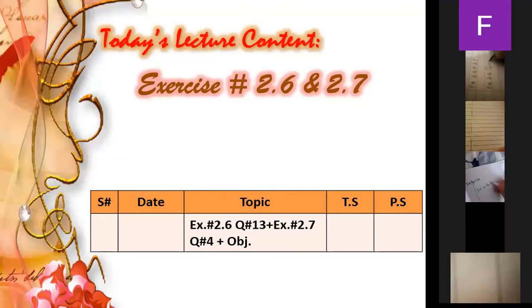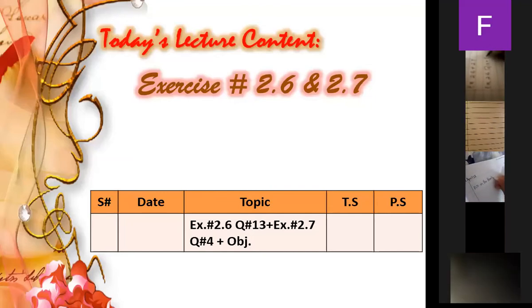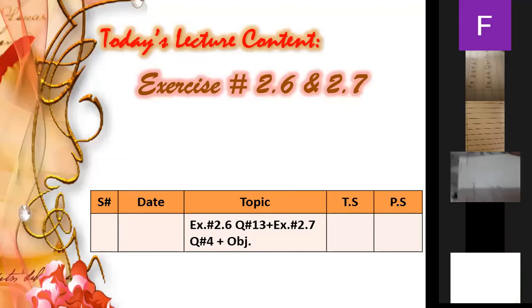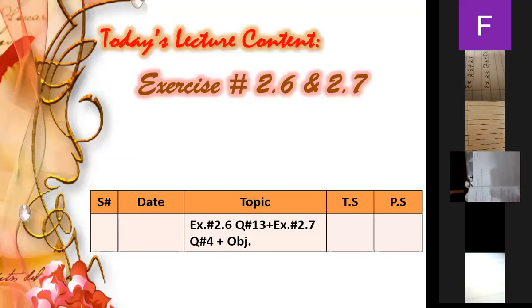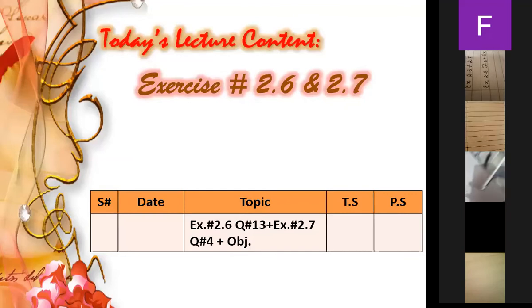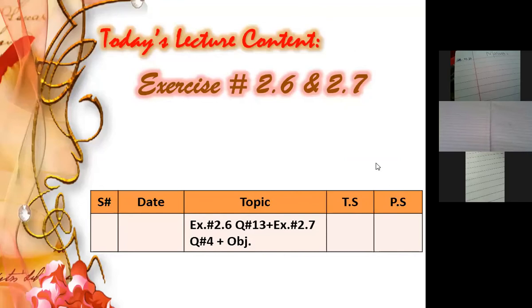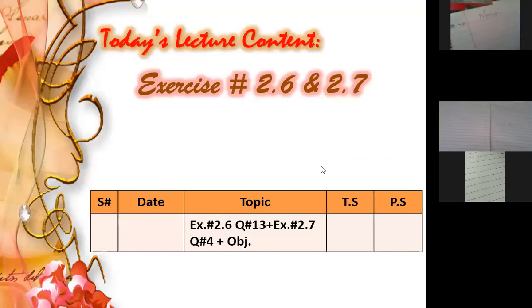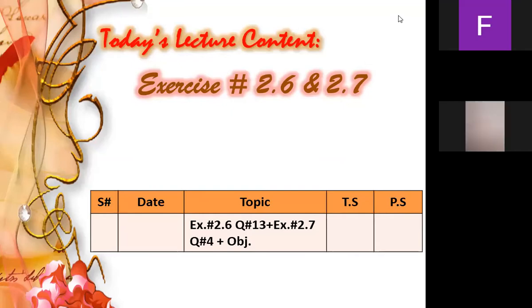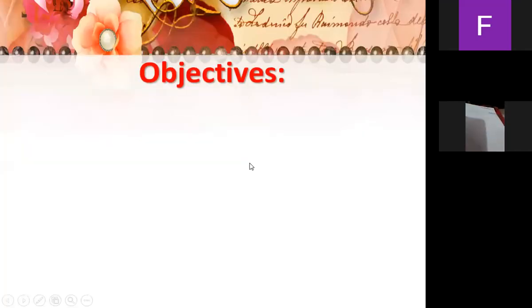Are you ready? Are you ready? Hamza and Hafsa, please turn on your camera. Fatma, Ishal, turn on your camera, please. Okay, should we start? Okay, now. Objectives, write down the heading of objectives.